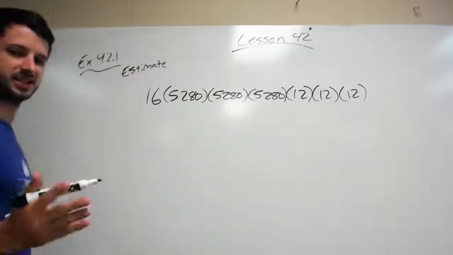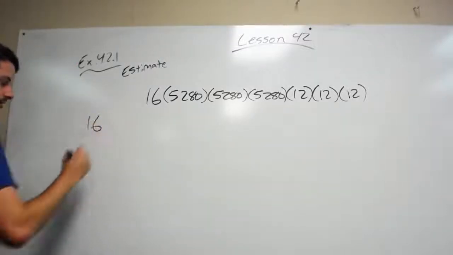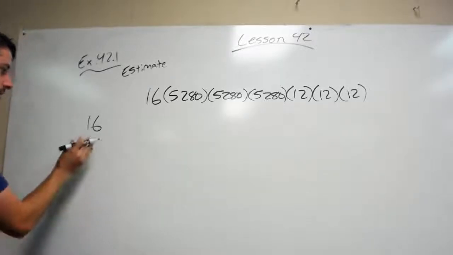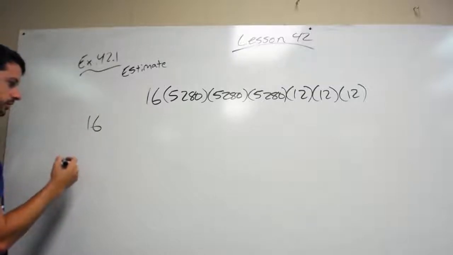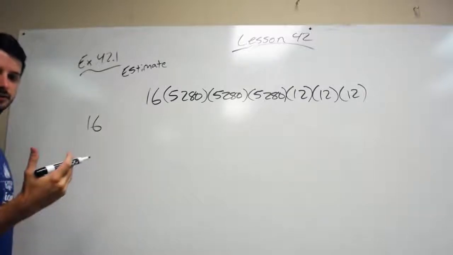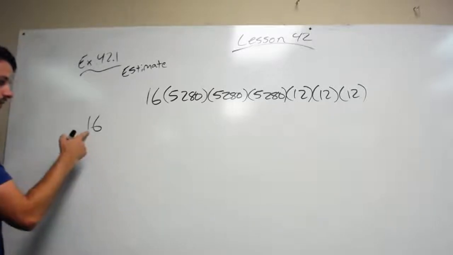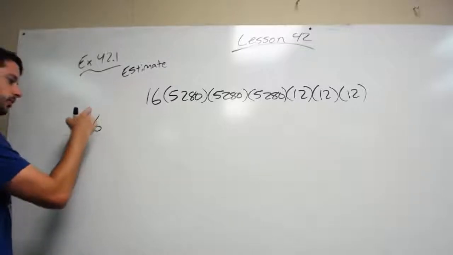Let's look at number 16, for example. How can we estimate that in scientific notation? You look at the ones place. Would the 1 round to 2, or would it round down?